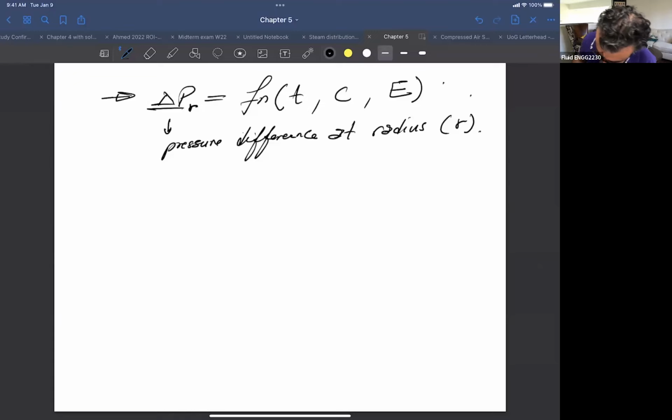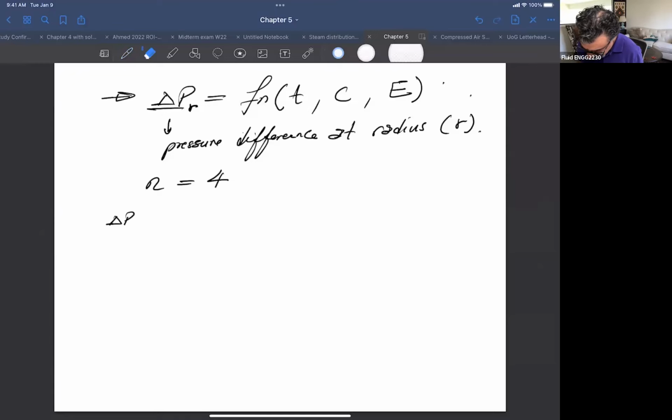So let's first say, how many variables here? What is N here? N is 4. Amazing. Now if I put delta P and T and C and E with their dimensions, delta P is M L to the minus 1 T to the minus 2.